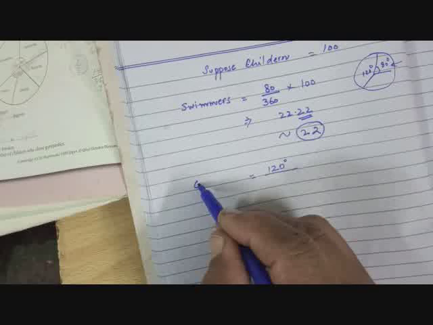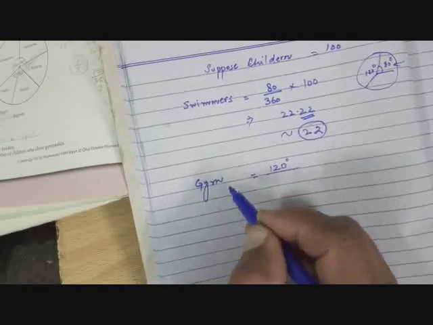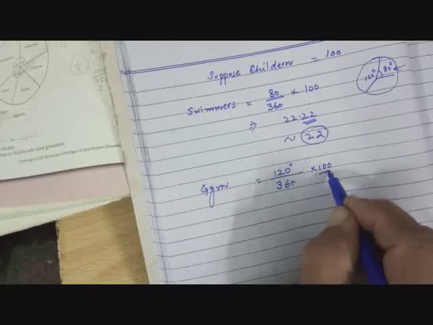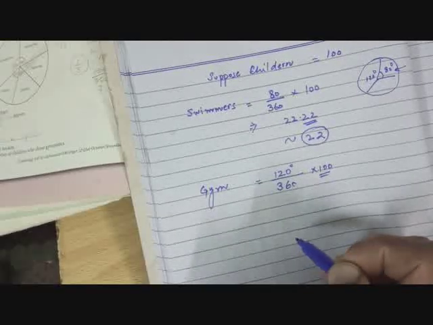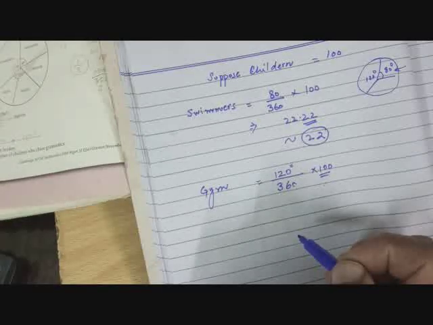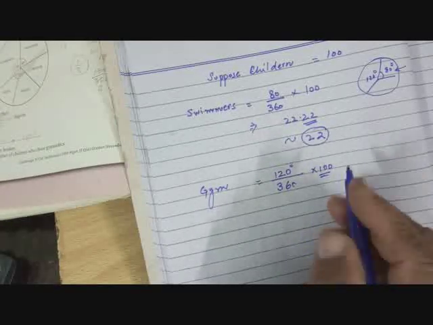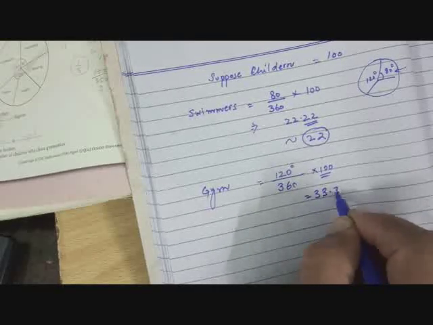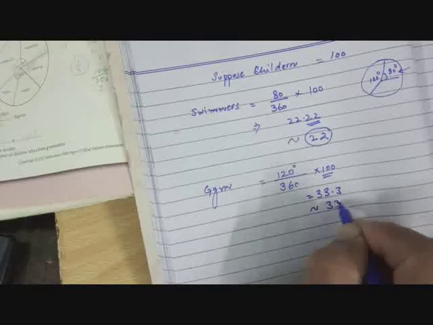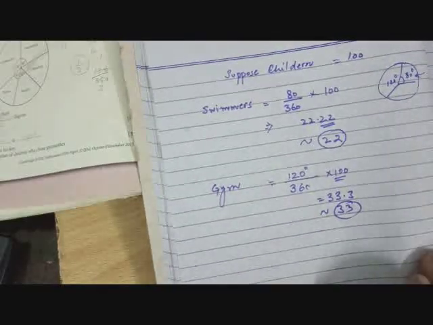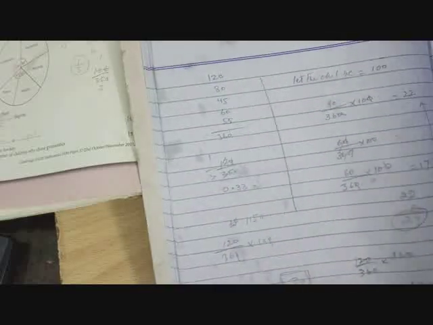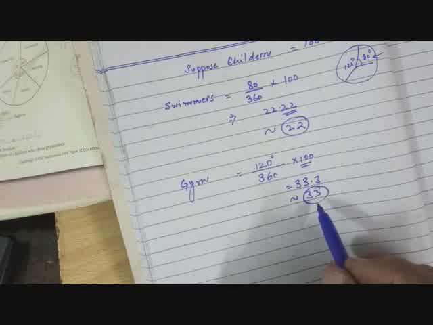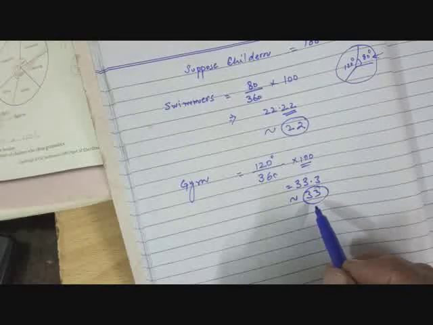So these are the gymnasts. 120 out of 360 multiplied by 100, since the number of the sportsmen will remain the same, it will become 33.3. By rounding, it is 33. So it was asked: 33 persons. Now these 33 people have chosen to play gymnastics.